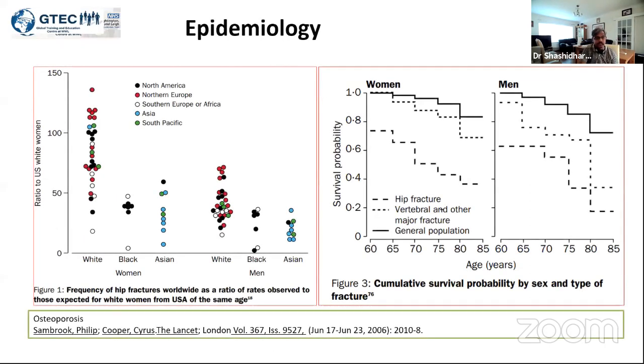So this is one of the diagrams. This is the number of fractures in the West and the US compared to the Asian people who are having fractures.